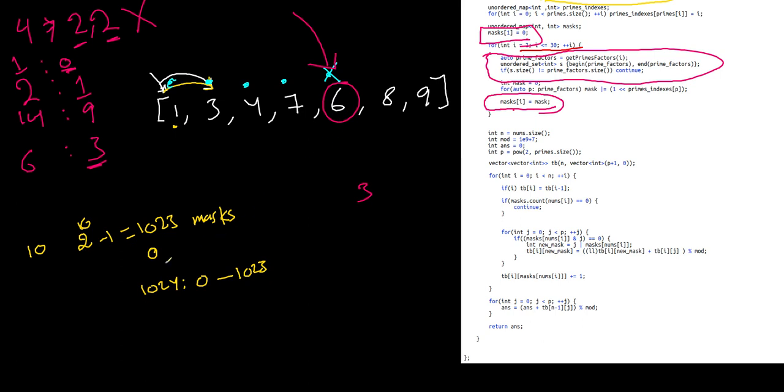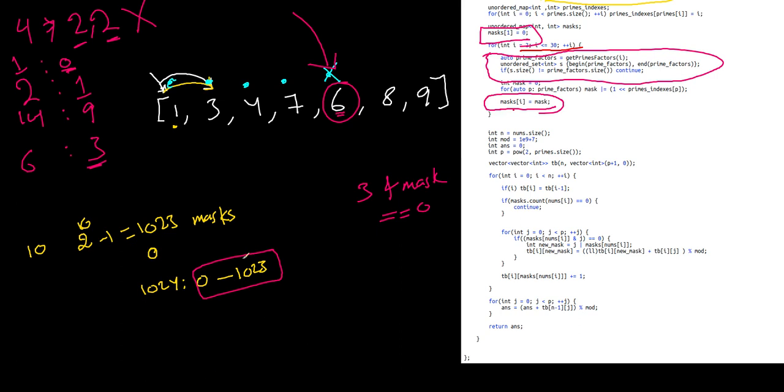Now at this index we iterate over all the masks from 0 to 1,023, and if the mask AND 3 equals 0, this means there is no overlap or no repeated prime factors, and we can append this value to all the potential solutions at this mask.